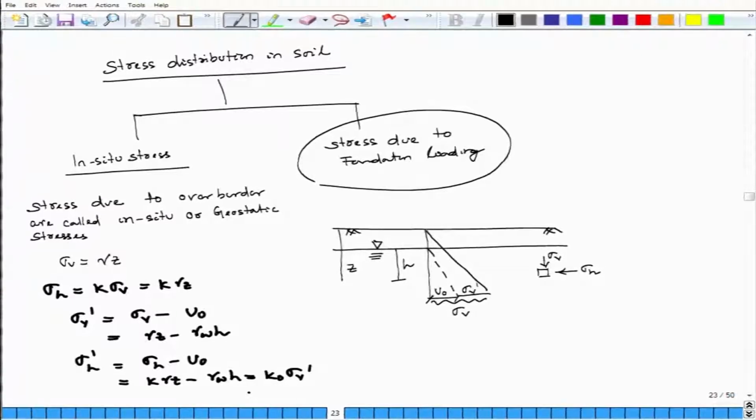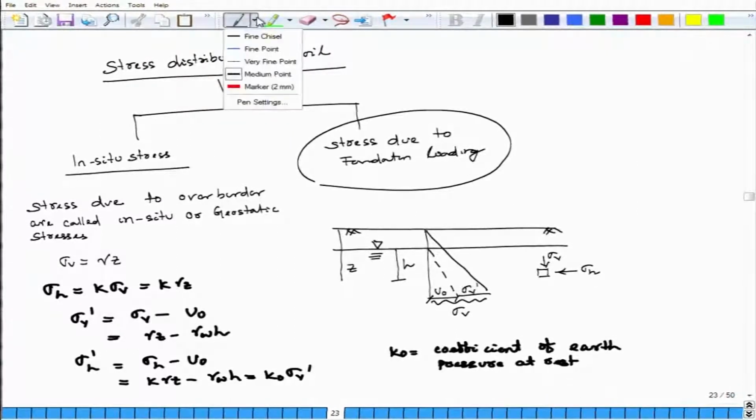K 0 is your coefficient of earth pressure, K 0 is equal to coefficient of earth pressure at rest. So, this is about your in situ stresses.